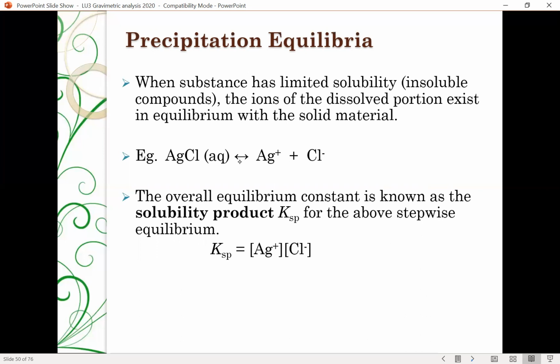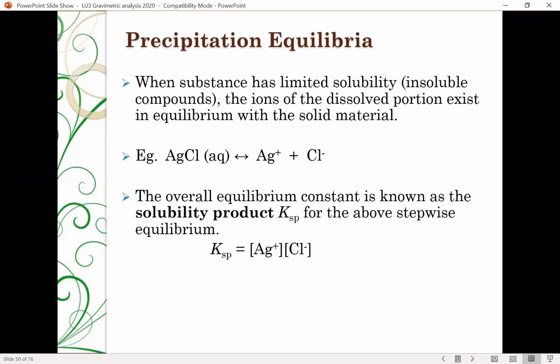This is always a reversible situation. You have AgCl in aqueous solution, in Ag plus ion and Cl ion. The overall equilibrium constant is known as the solubility product, or KSP, for the above stepwise equilibrium.